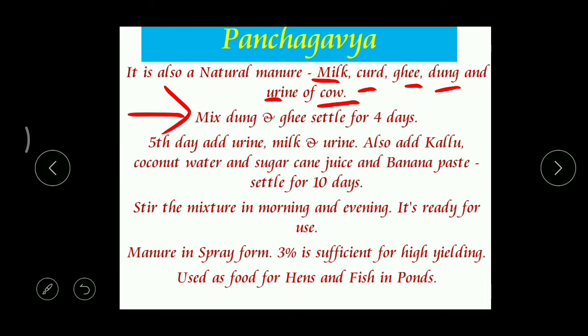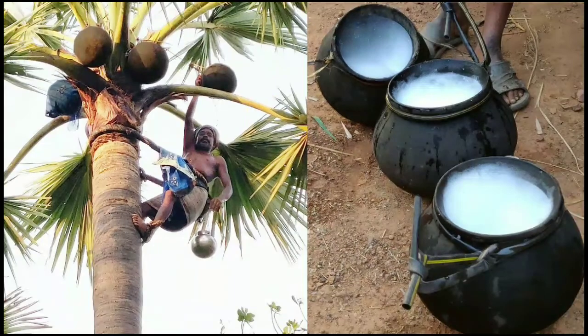On the 5th day, to that mixture we have to add the next components like urine, milk, and curd. Here it's not urine, it's curd, right? And for this we must also add kallu.